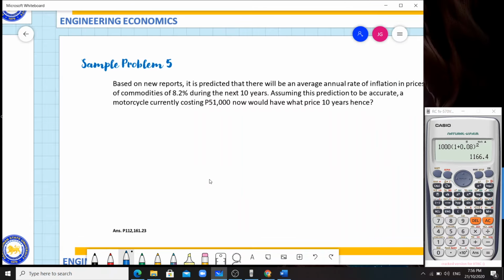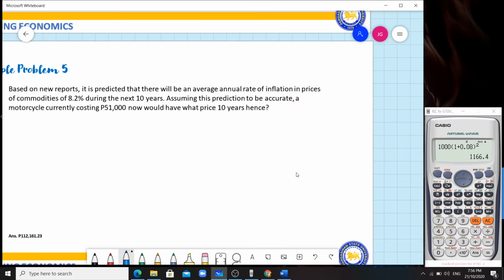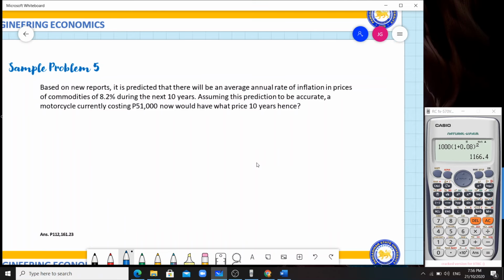Based on new reports, it is predicted that there will be an average annual rate of inflation in prices of commodities of 8.2% during the next 10 years. Assuming this prediction to be accurate, a motorcycle currently costing 51,000 now would have what price 10 years hence? Okay?